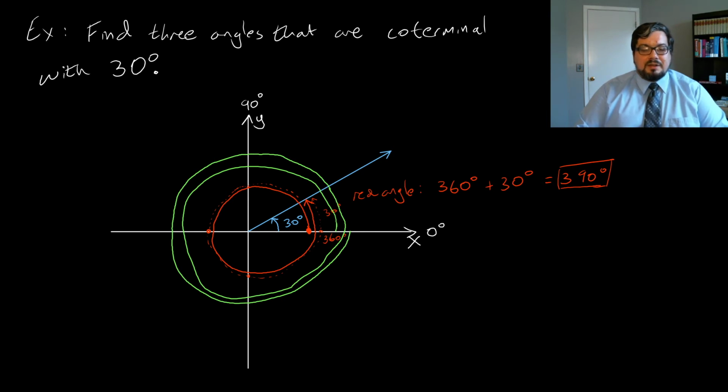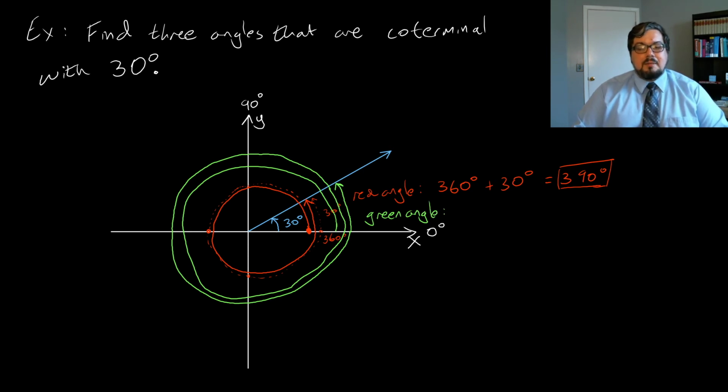So at this point, where I've stopped, the green angle has gone around the circle twice. It's completed 2 complete revolutions, but it still needs to go another 30 degrees. So the green angle, let's see what its measure is.